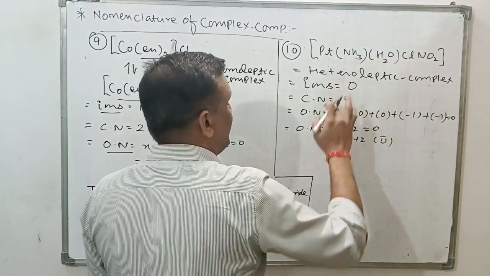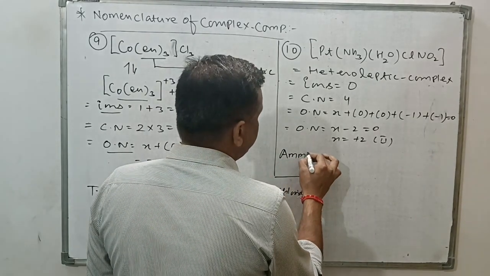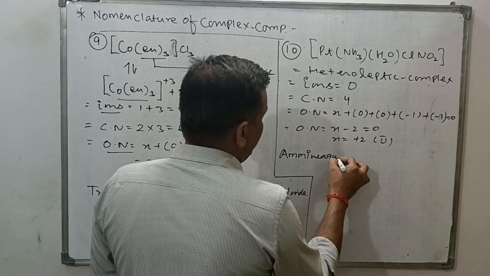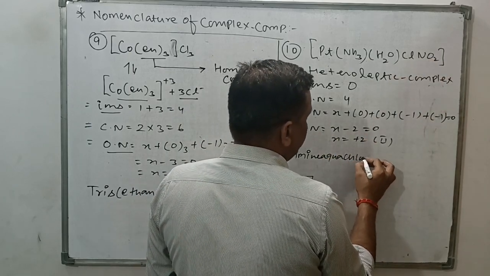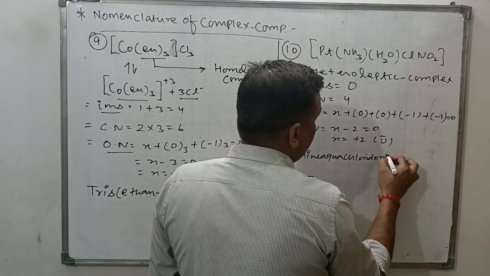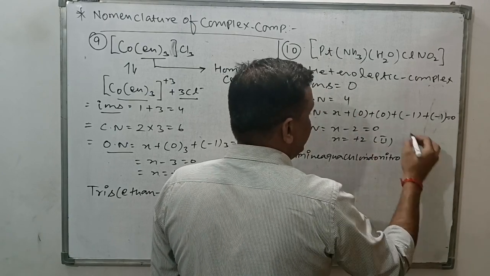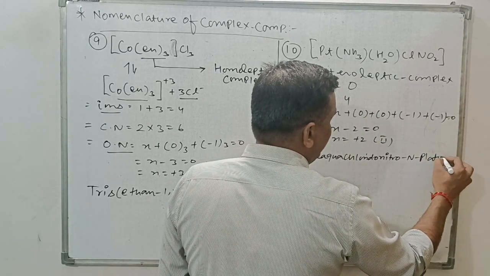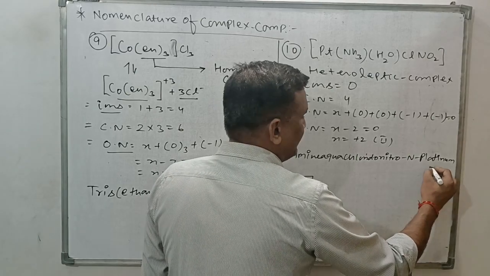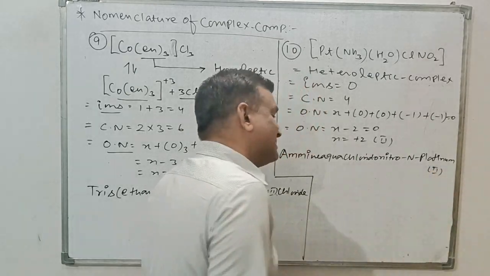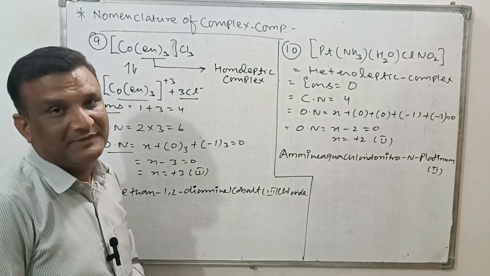Alphabetically, ammine and aqua: ammine has priority, so ammine, then aqua, chlorido and nitro. Nitro is an ambidentate ligand, so we use N. Pt is known as platinum, and since there is no space, we write the oxidation state, 2. So this was about the nomenclature of simple complex compounds.